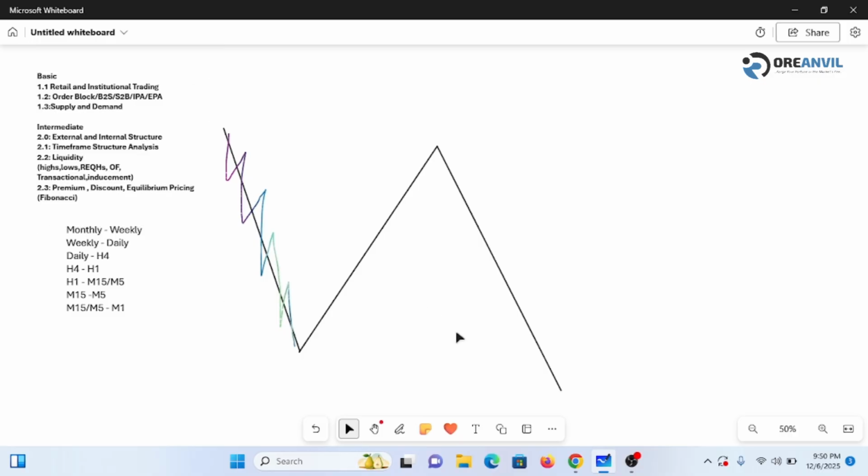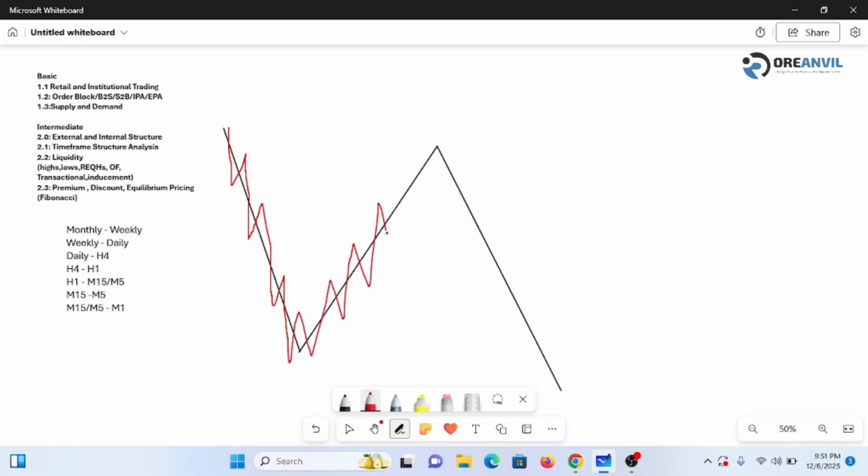If we say this is our monthly, let me use something different here. We are having higher highs, higher lows, higher highs, higher lows. Then inside this, you still have another trend, another internal, which means another time frame is internal to this internal structure.